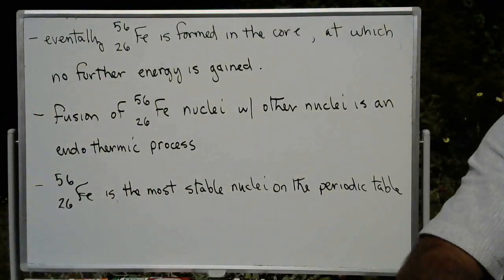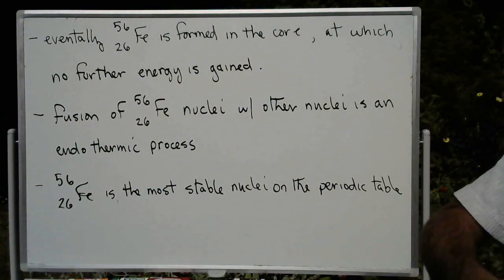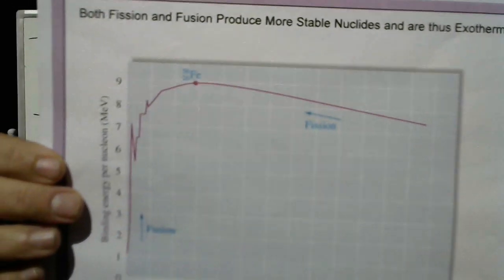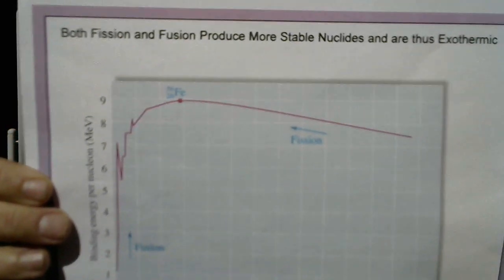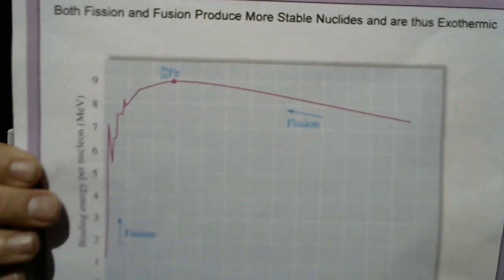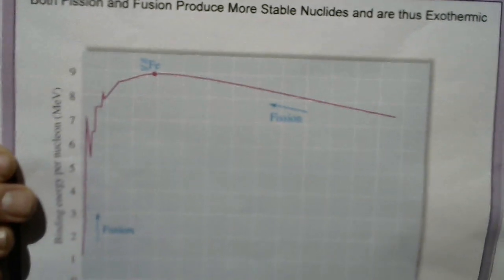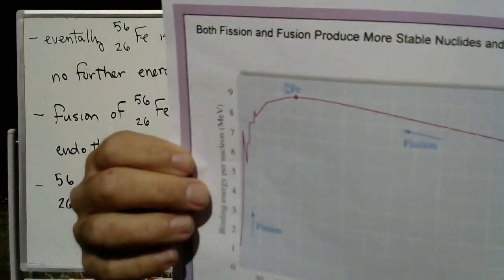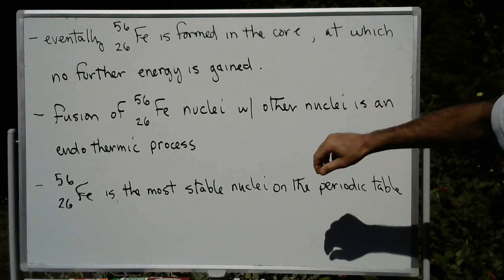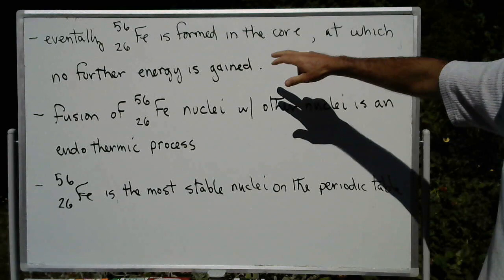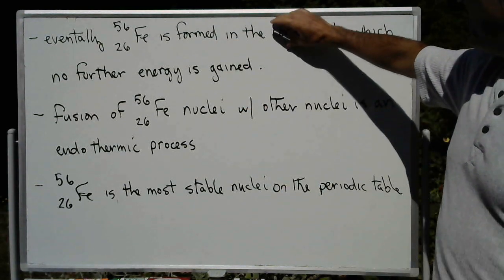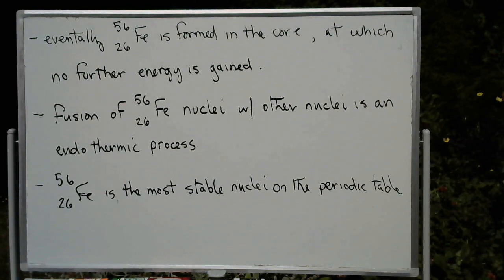And we do that until we reach a point where fusion is no longer an expansive force. And so what occurs in these red giants is essentially the iron 56 forms and stays within the core.